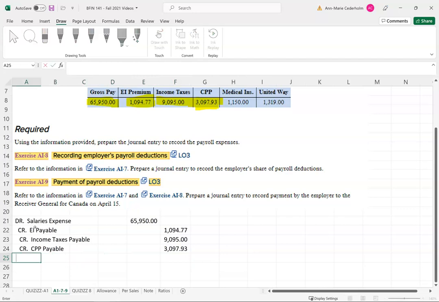Now, we also have other source deductions that we'll take off. So medical insurance payable. So this company probably has a plan where they offer benefits to their employees for medical. So it could be medical, dental, life insurance, short-term disability, long-term disability, extended health.